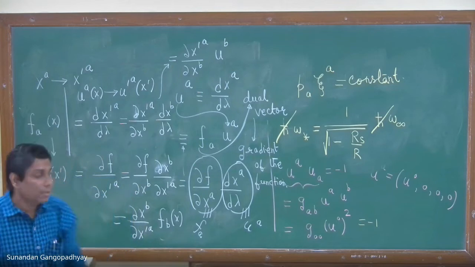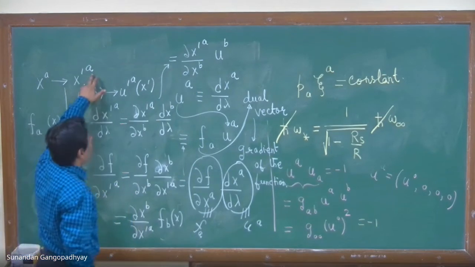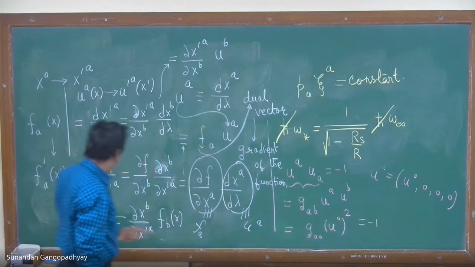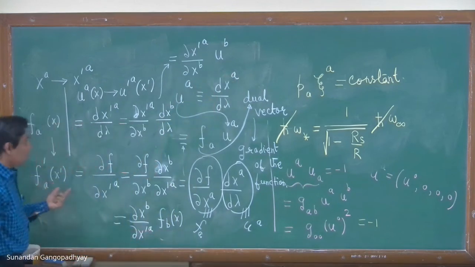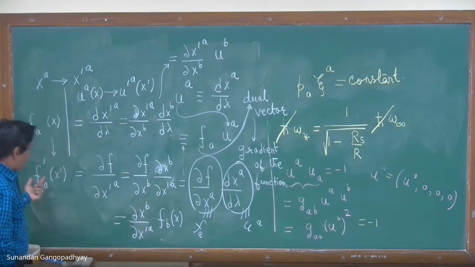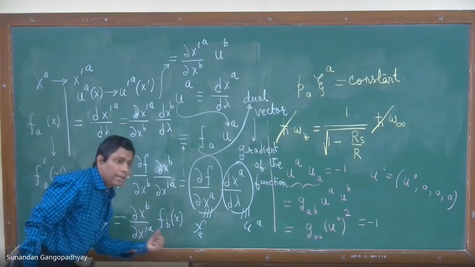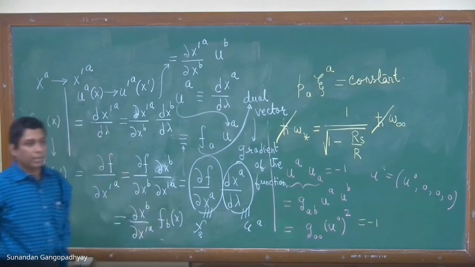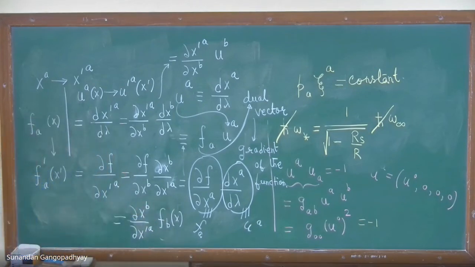More precisely, since the index is on top, we shall call this a contravariant vector. And any object which transforms like this dual vector, with the index downstairs, we shall call a covariant vector. Contravariant and covariant vector.